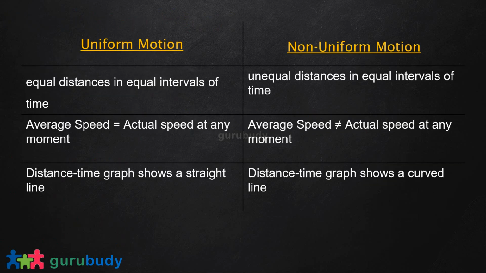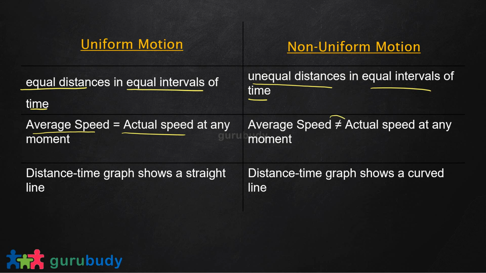Okay, so let's do our revision one more time between the uniform and non-uniform motion. In a uniform motion, the object travels equal distance in equal intervals of time. In a non-uniform motion, it's not true, in that they travel unequal distance in equal intervals of time. In a uniform motion, average speed is equal to actual speed at any time.